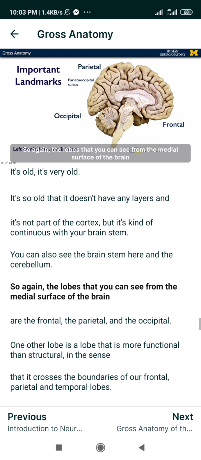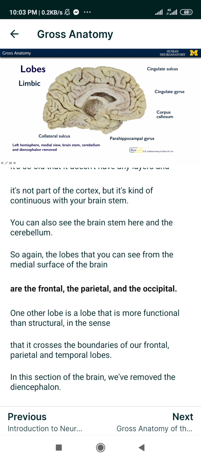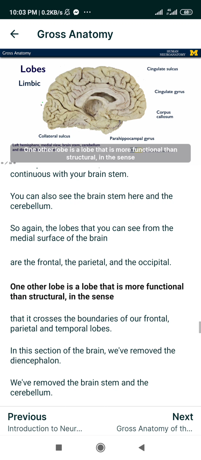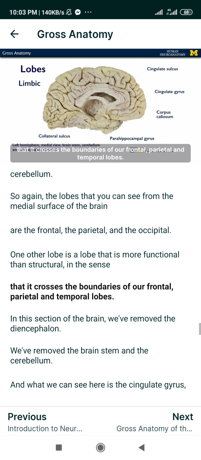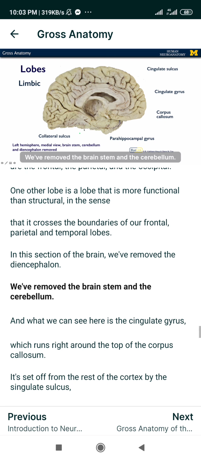So again, the lobes that you can see from the medial surface of the brain are the frontal, the parietal, and the occipital. One other lobe is more functional than structural, in the sense that it crosses the boundaries of our frontal, parietal, and temporal lobes. In this section of the brain, we've removed the diencephalon, the brainstem and the cerebellum.